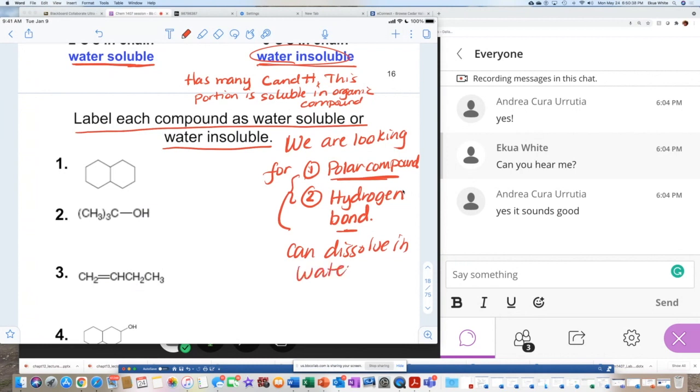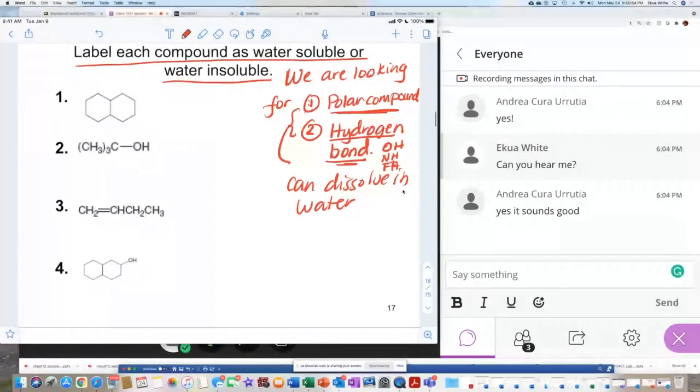So you guys can follow along as I'm doing this, right? The easiest one to find is the hydrogen bond. That's the one where I'm looking for either OH, NH, or FH. Let me go looking for that. Let me see. Oh, I see an OH here. Okay, I'll come back to that. I see another OH here.